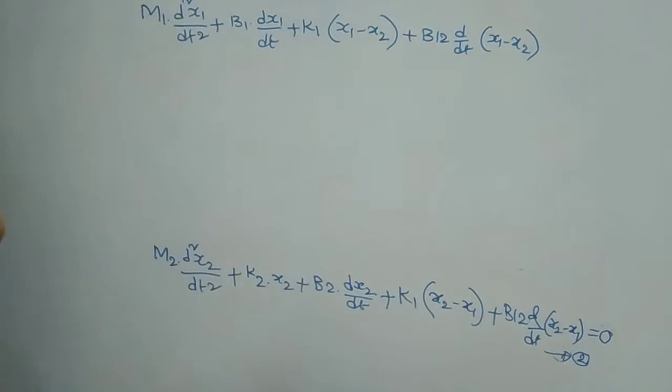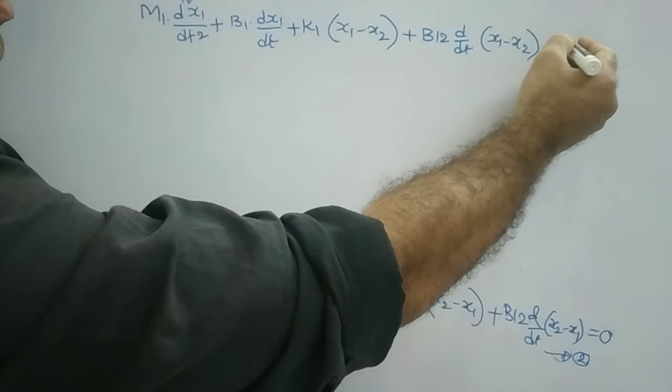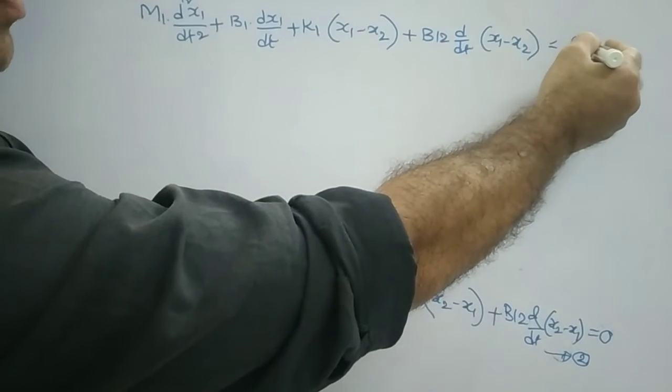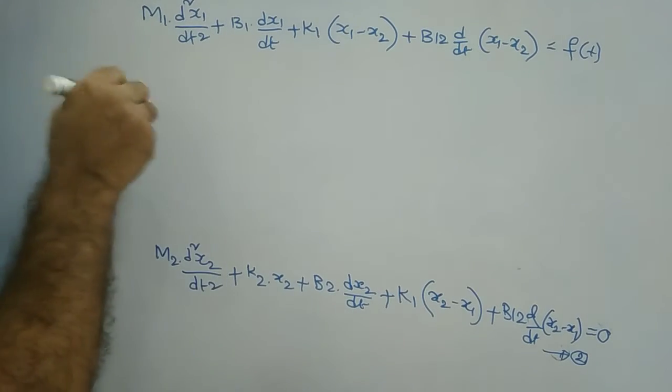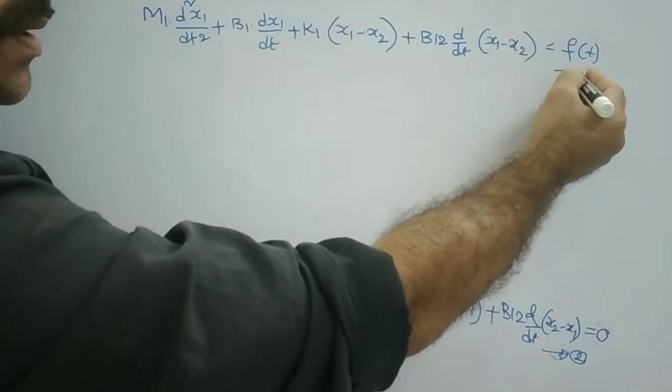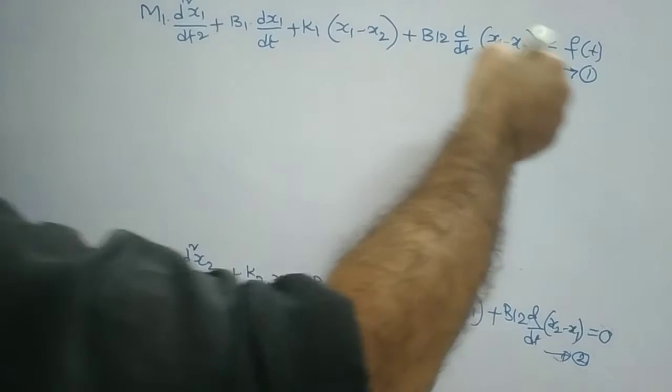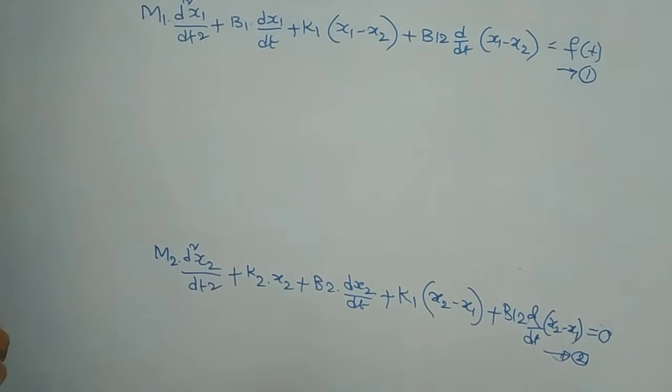Clear? Everything is equal to f of t. This is your first expression. Just one more time I am writing it here for our convenience.